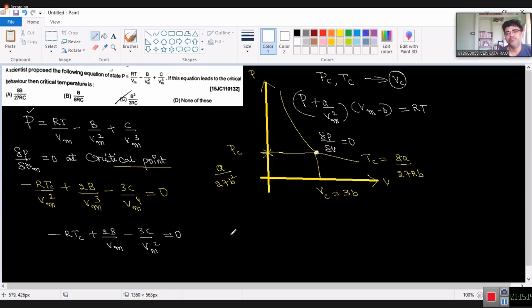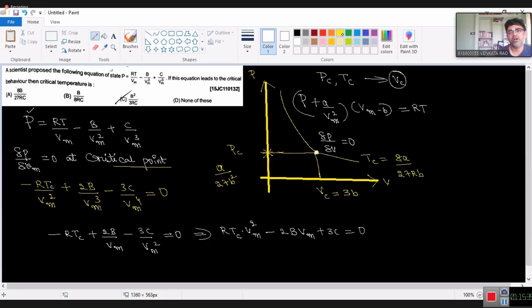What did I do? I multiplied with Vm square on both sides. This may also be written as RTc Vm square minus 2B Vm plus 3C is equal to 0.